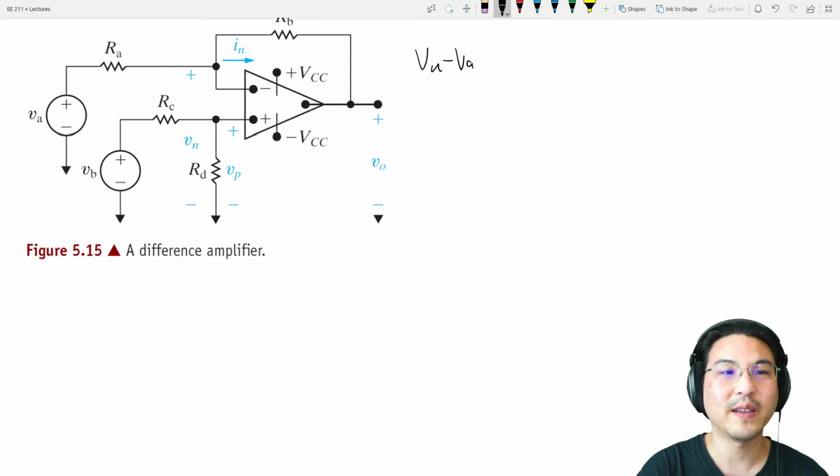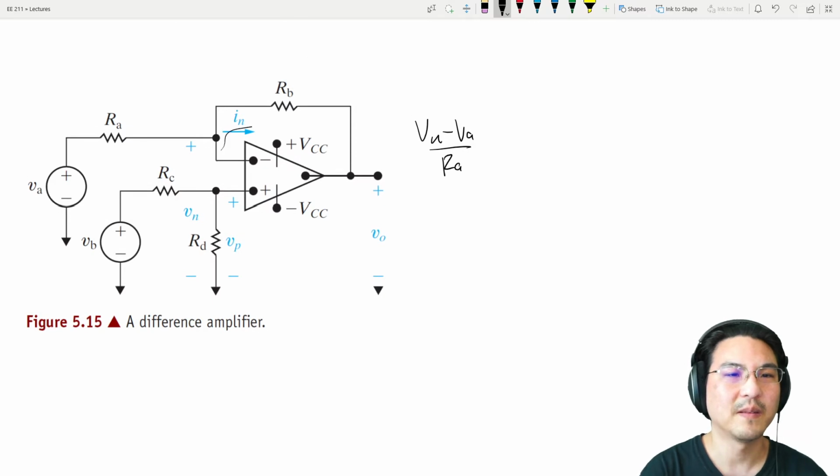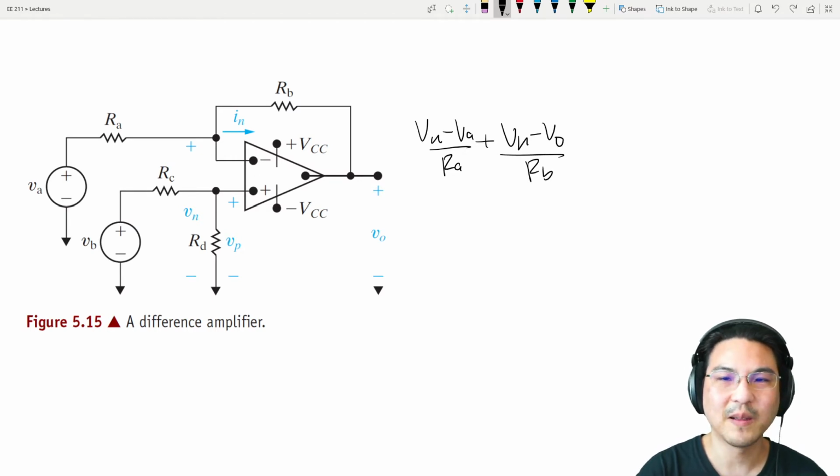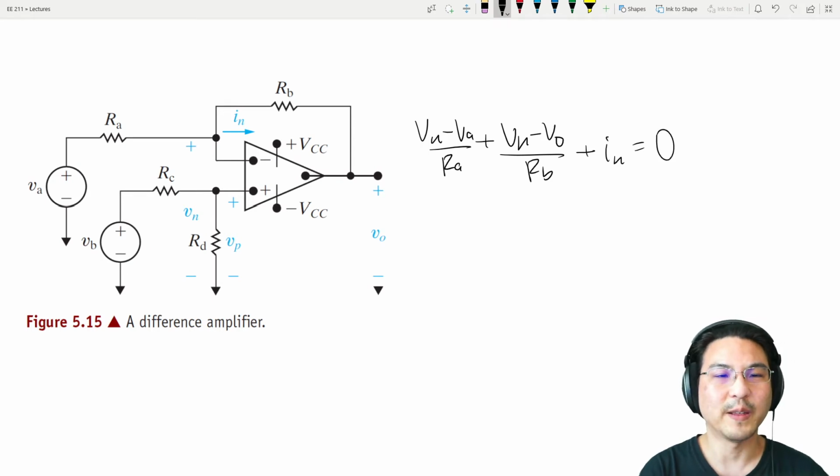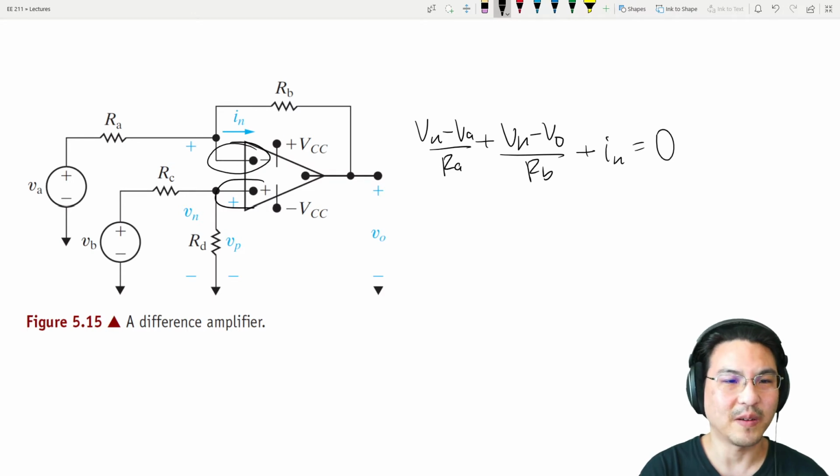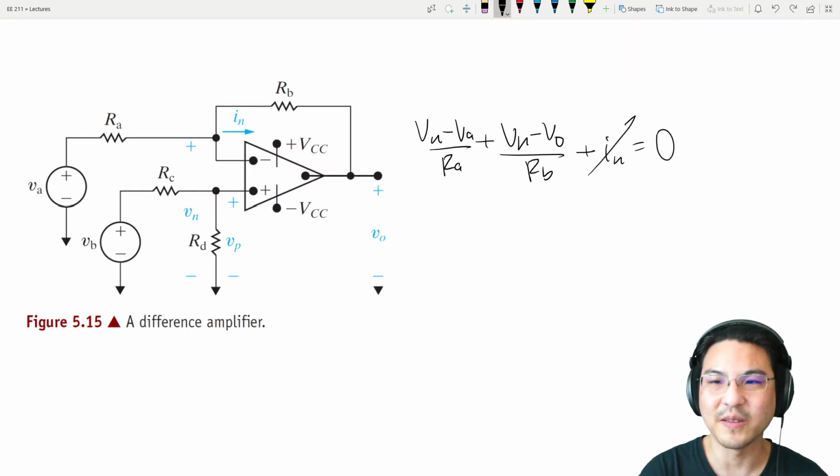Vn minus Va over Ra. Now the current this way, Vn minus V out over Rb, and then the current this way, In. Okay, and then for an ideal op-amp, the current here is 0, the current here is 0, so this is 0.